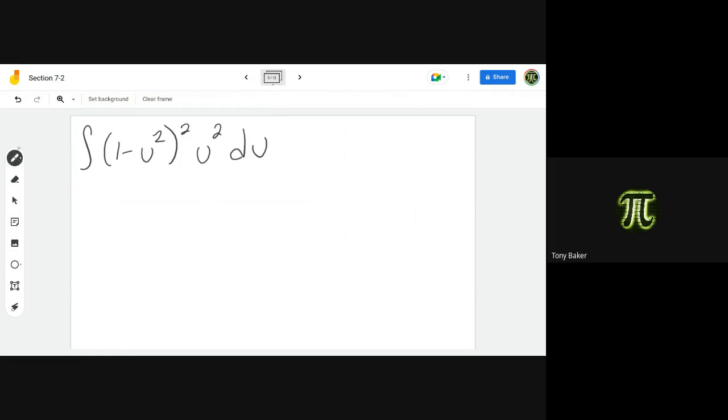Because otherwise, we're going to have to do the product rule and a bunch of other stuff, and it's just a mess. So this becomes 1 minus 2u squared plus u to the fourth, times u squared. So I have my integral of u squared minus 2u to the fourth plus u to the sixth.